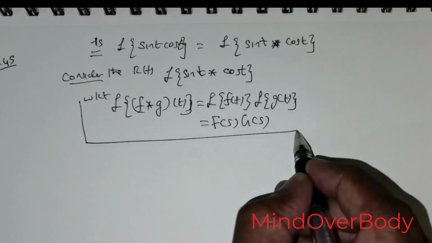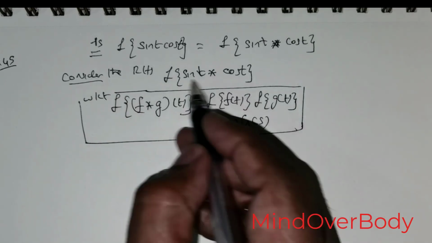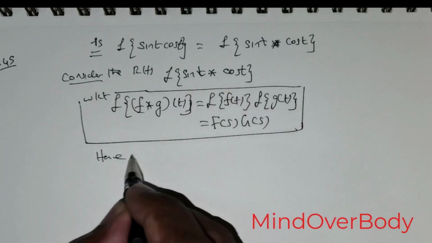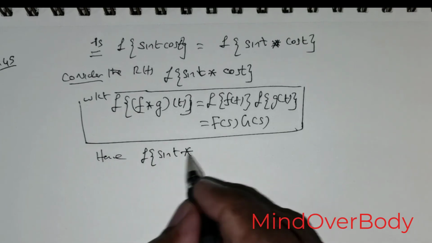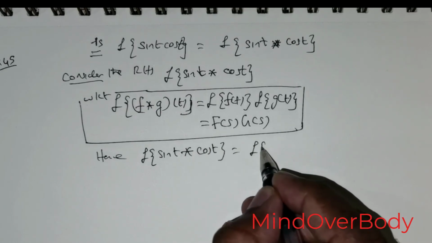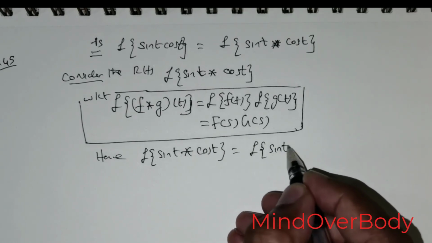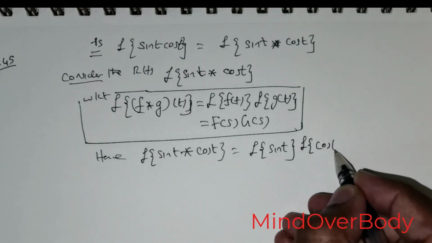So we know this. Hence Laplace transform of sin t convoluted with cos t is nothing but Laplace transform of sin t times Laplace transform of cos t.